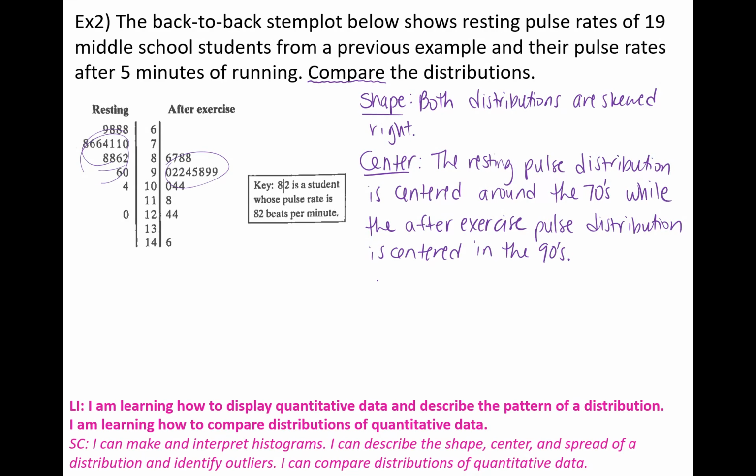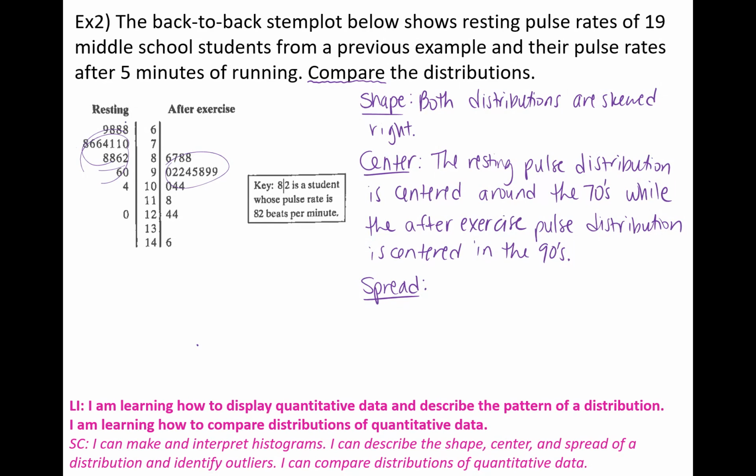All right, so we have shape, center, and then spread. How do the spreads compare? So their spreads are fairly similar. We do have the after exercise a little bit higher, but the length of the spread, this one goes, where'd it go? Sorry, I lost my pen for a second.